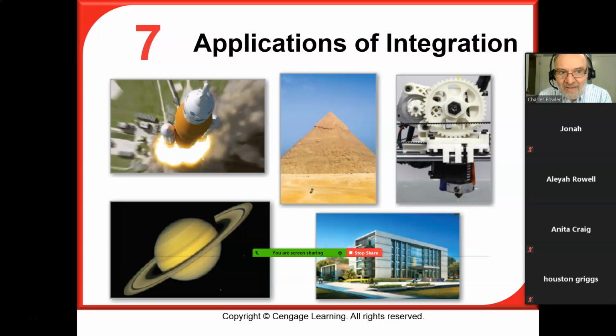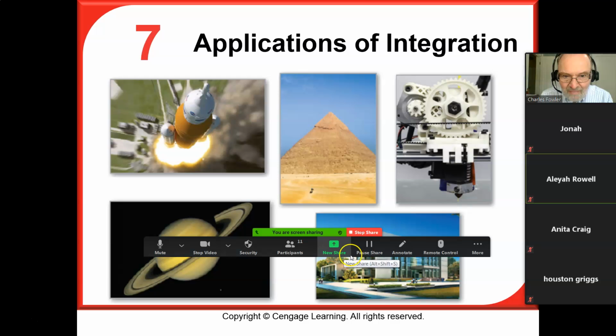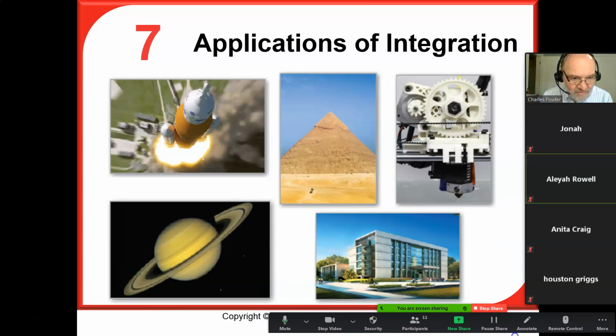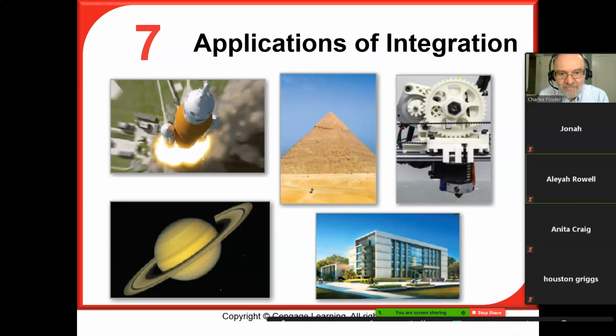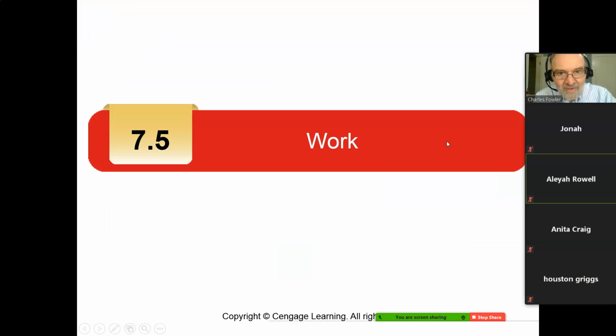Can you finally see that? Okay, good. Now I've got to do all this messing around again, moving this out of the way. You can't see what I'm doing, but it blocks me from seeing the screen. All right, applications of integration, that's Chapter 7, 7.5. I have to touch the screen before it'll open. Okay, y'all didn't want to work any today, did you?